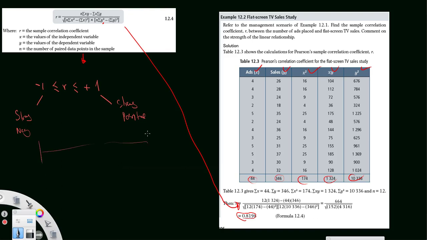There's a nice figure in the textbook where you see that 0 means there is no correlation. So if you get a 0, there's no correlation, and like I said, strong positive or perfect positive correlation, and this one you get perfect negative correlation.